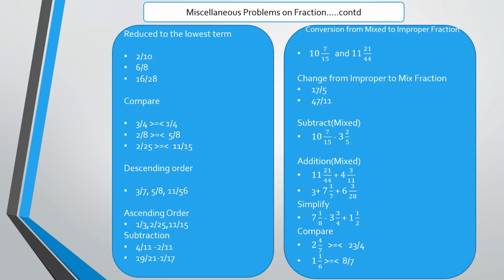We'll also learn subtraction, and conversion of different fractions, mixed to improper, improper to mixed. Then subtraction between mixed fractions, addition, simplification, and comparison between mixed fractions and improper fractions. So all these things we'll learn. It will be a wonderful learning session. So let us start.